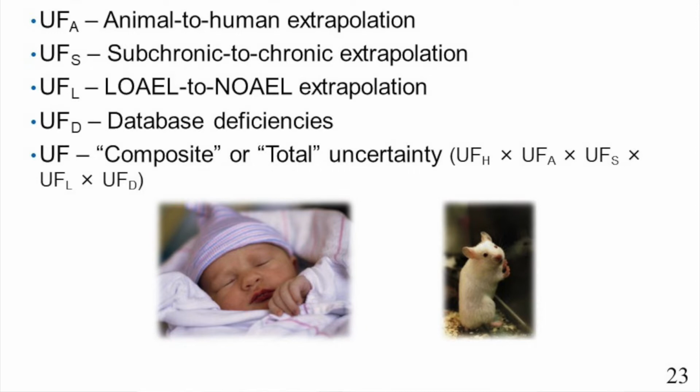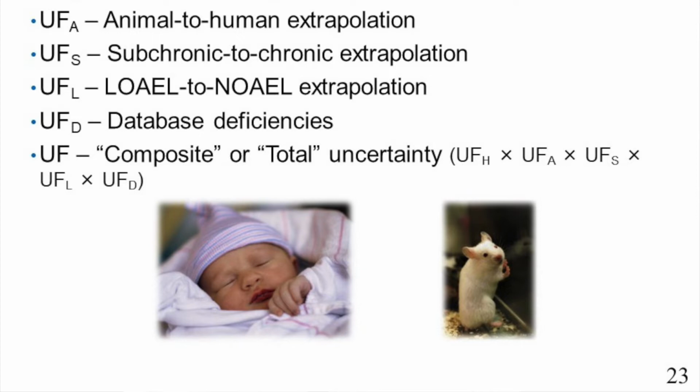The uncertainty factor associated with that is described as UFH, H for human. And then animal to human extrapolation, like mice to rat extrapolation is my example. So that has a subscript of A. And subchronic to chronic extrapolation, because studies are not necessarily done for the entire length of the subject or the animal. So that's also ascribed an uncertainty factor.